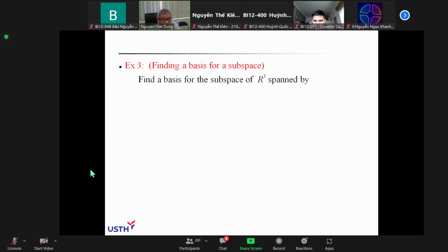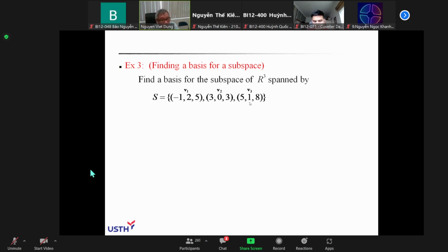Now, we have another example. You need to find a basis for a subspace, and that subspace is spanned by S. It means that we are given a set S of three vectors V1, V2, V3 with coordinates like that.